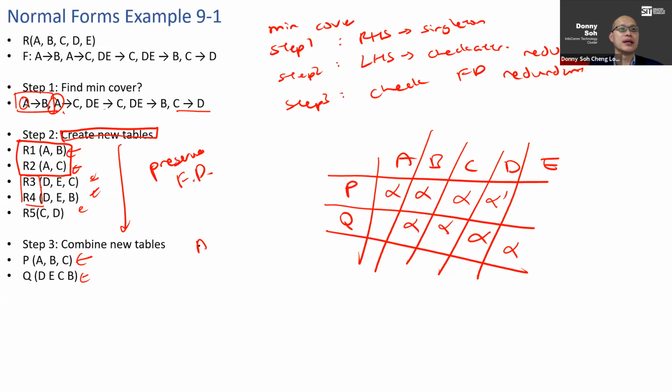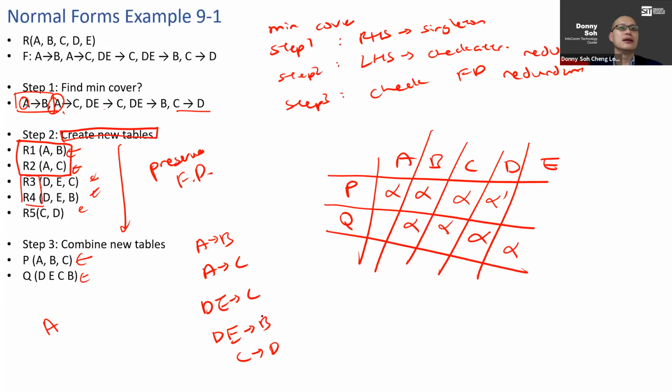So I have A implies B. A is not on my right hand side.